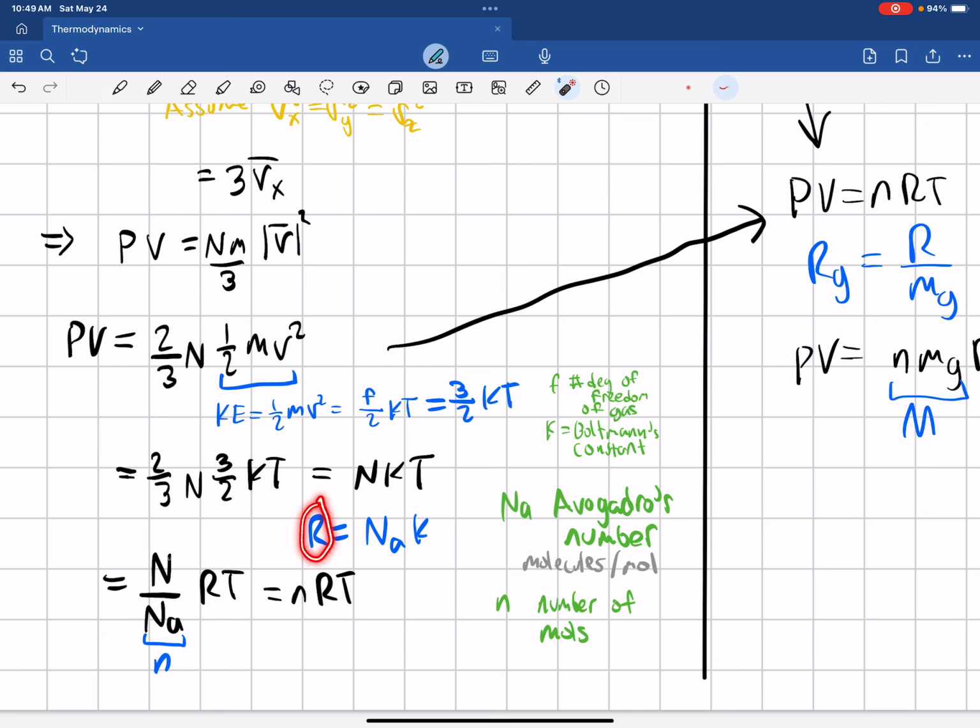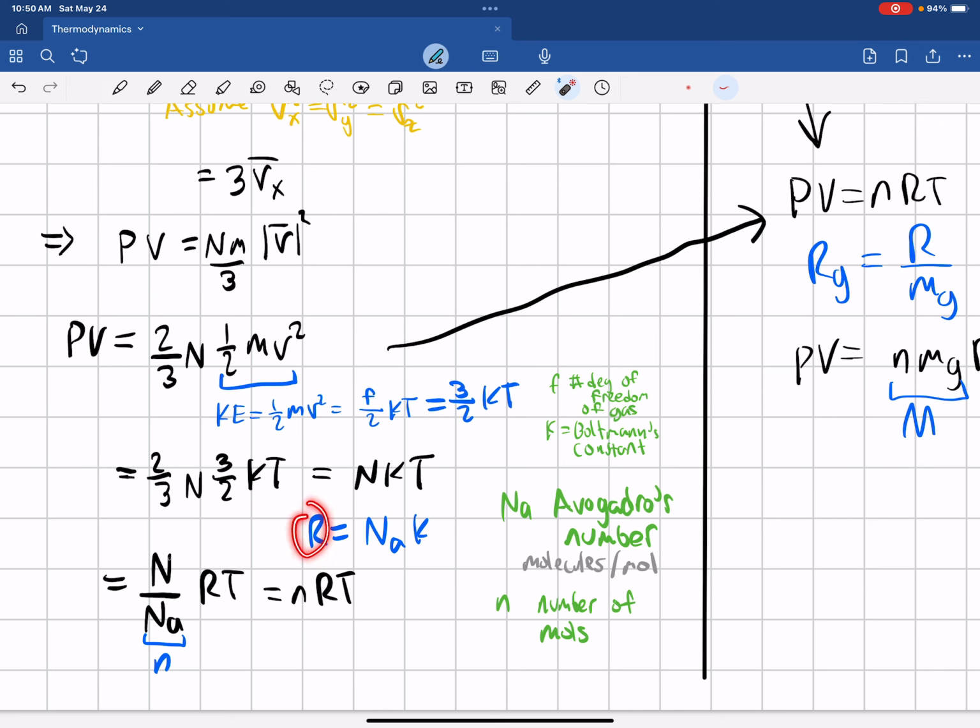Now we can define the general gas constant, which is equal to Avogadro's number times the Boltzmann constant, where Avogadro's number is how many molecules you have per mole. It's simply a unit of measurement that's created. So it's not necessarily some actual new quantity, but Na times K, we just define it as our constant.